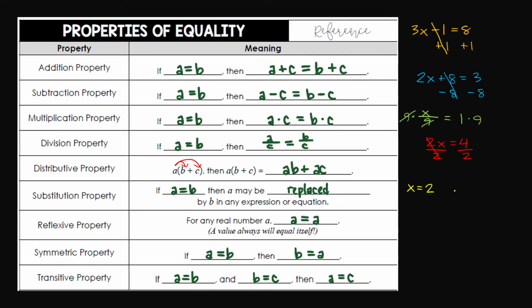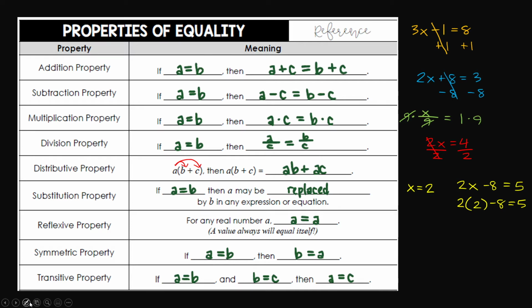And we want to substitute the value of x into the equation to make sure that we solved it correctly. So let's say our equation is 2x minus 8 equals 5. So we're going to substitute 2 in for x. That's a perfect example, very common example for us, of the substitution property of equality.